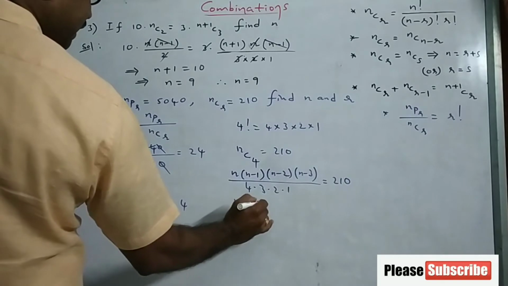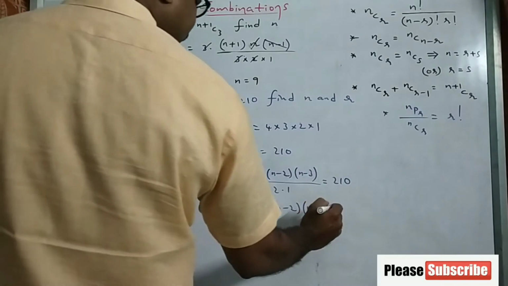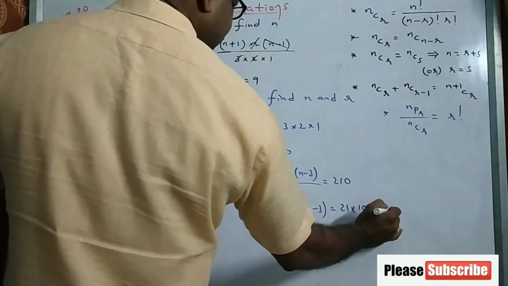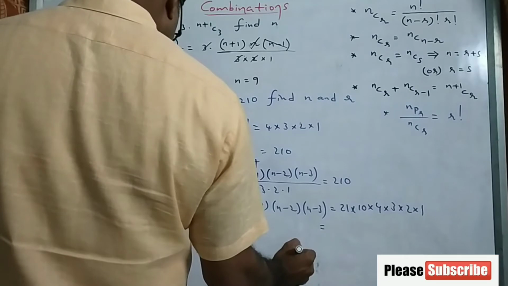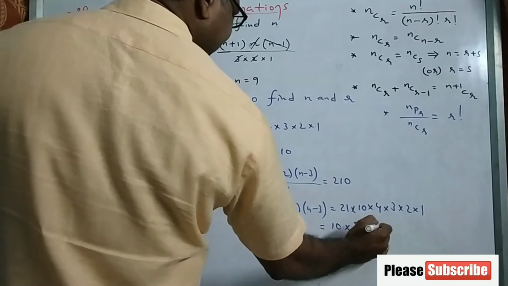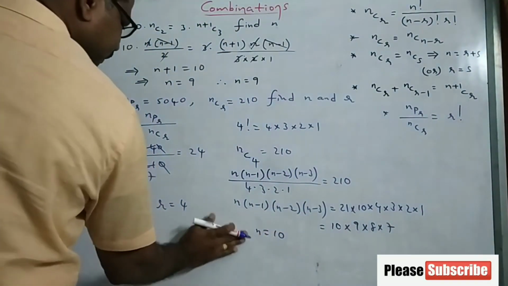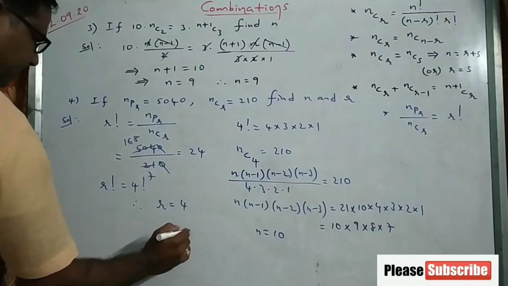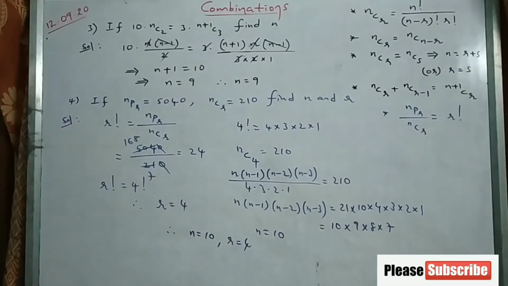So n(n minus 1)(n minus 2)(n minus 3) equals 210 into 4 into 3 into 2 into 1. This we can write as 10, 9, 8, 7 like the first problem. That means the value of n will be 10. So therefore n is 10 and r is 4. Okay.